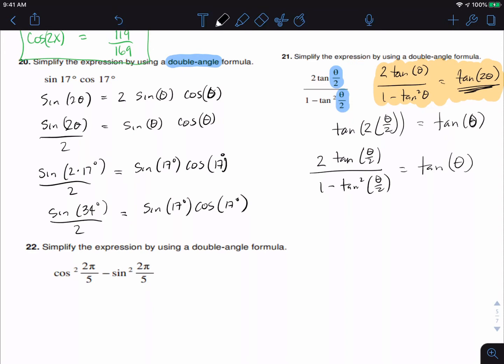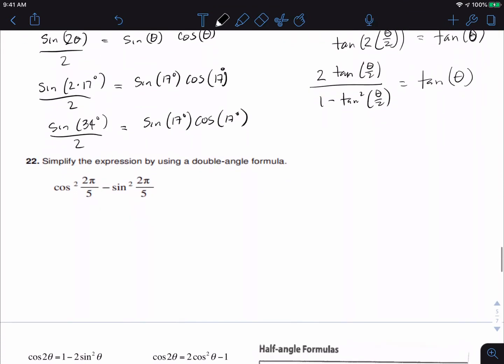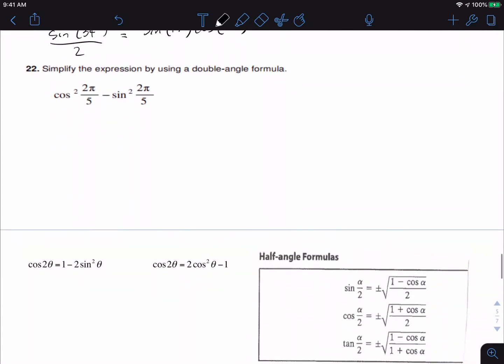All right, let's go on to the next example. This is number 22. For us to be able to decompose that, let's see if we can do this. Some of the rules that we know are: cosine of 2 theta has a rule that says cosine squared of theta minus sine squared of theta, right?